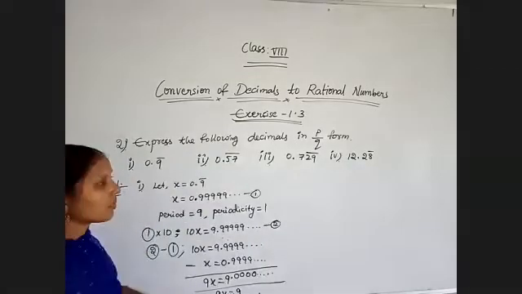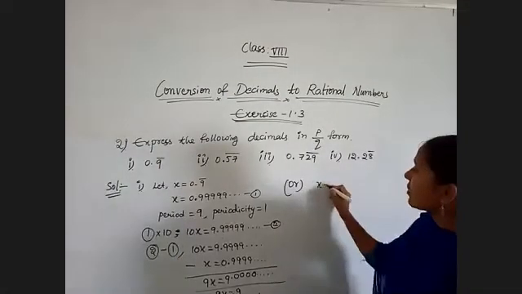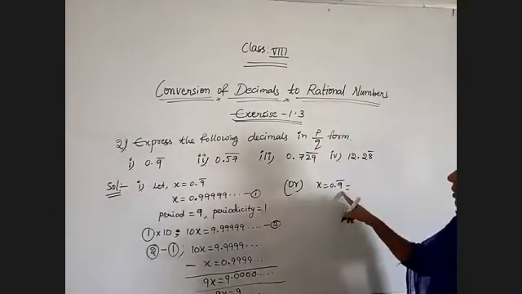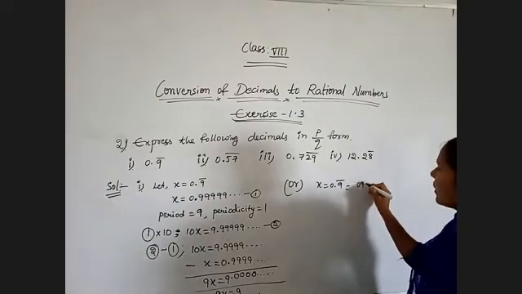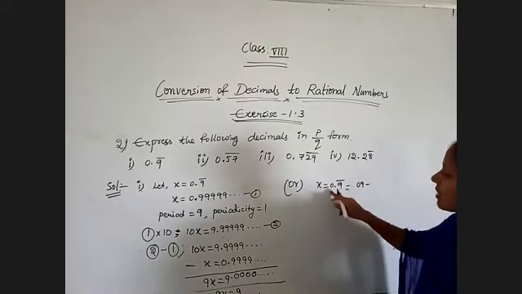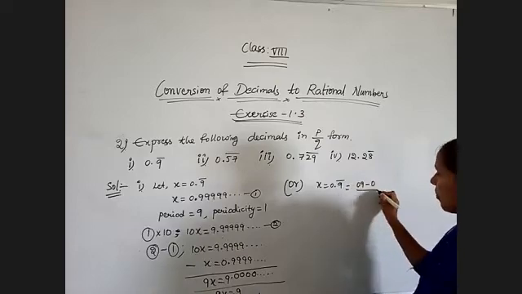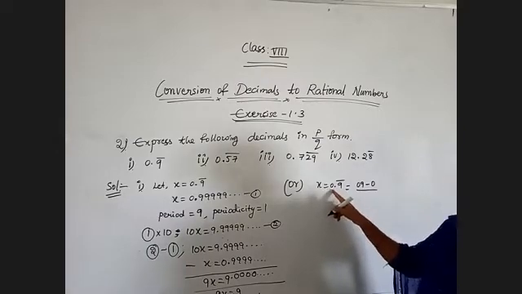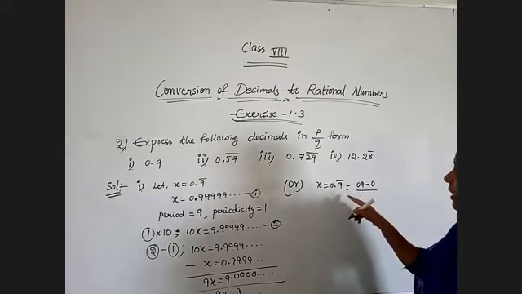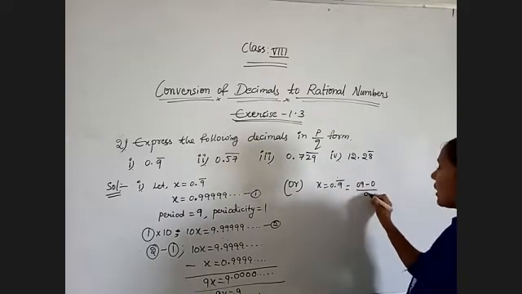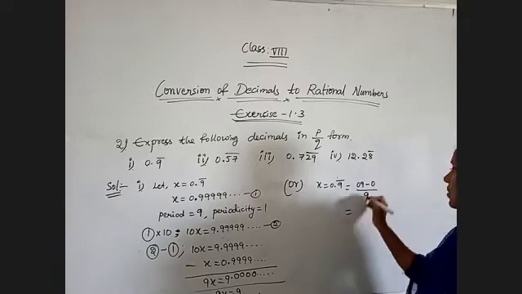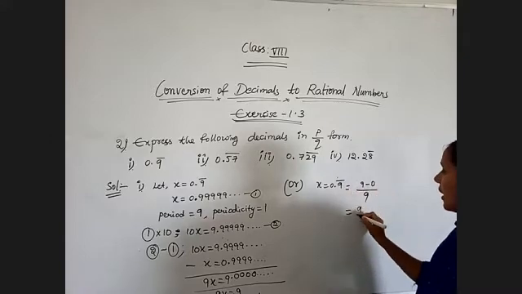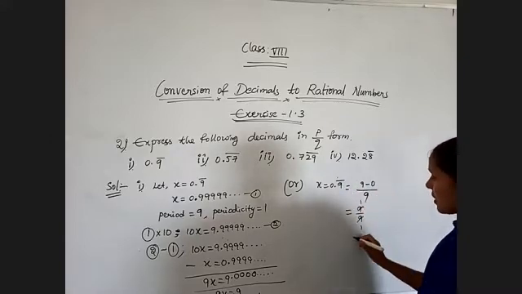Okay. A simple method also we have. For x is equal to 0.9 bar, as I told you already: take the complete number, 0 9, minus whatever digits don't have the bar, minus 0, divided by, for each digit having the bar, take a 9. So 09 is nothing but 9. 9 minus 0 is 9. 9 by 9, 9 will get cancelled, which is equal to 1.